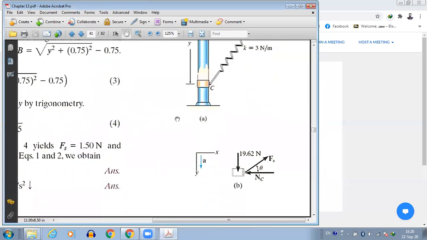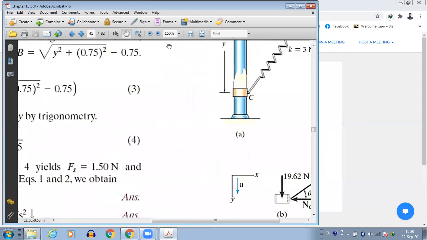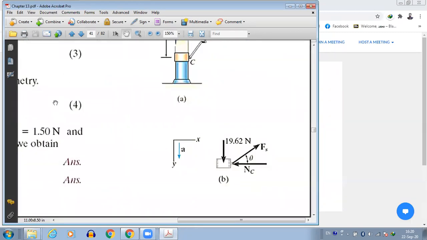So you can see the free body diagram when the collar is at C. This is the normal force of the collar on the rod, and then we have the weight of the collar acting downward.